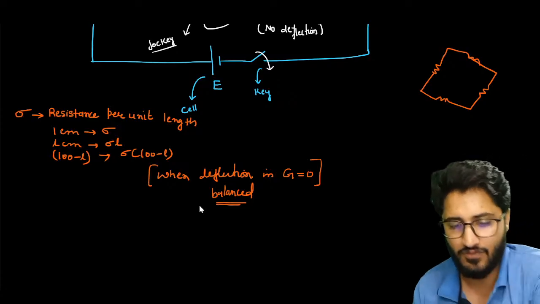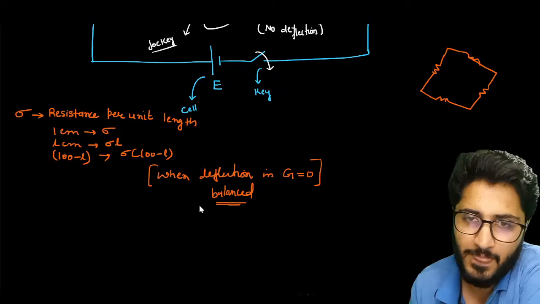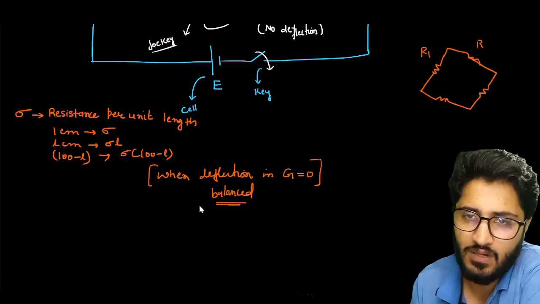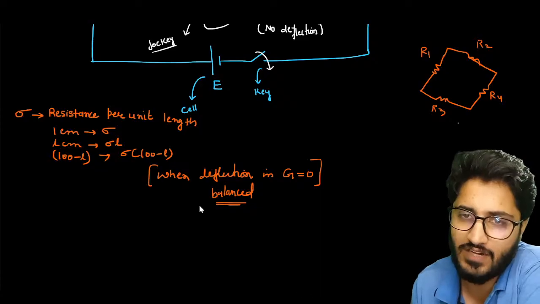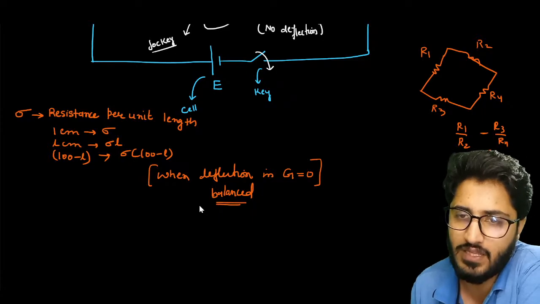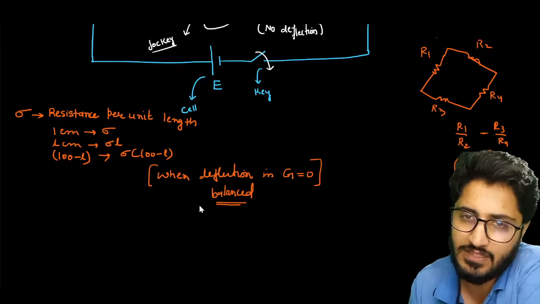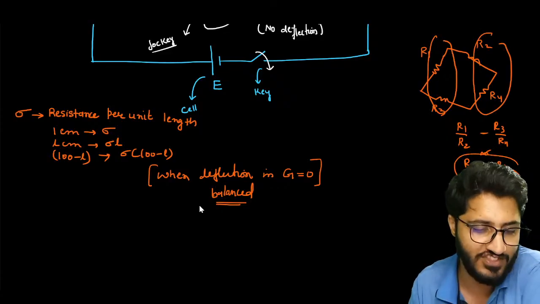If it is R1, R2, R3, R4, either we can write R1 by R2 equals R3 by R4, or by rearrangement we can write R1 by R3 equals R2 by R4. That means the ratio of the left two terms and the right two terms will be the same.